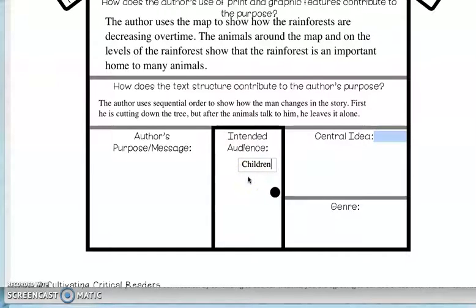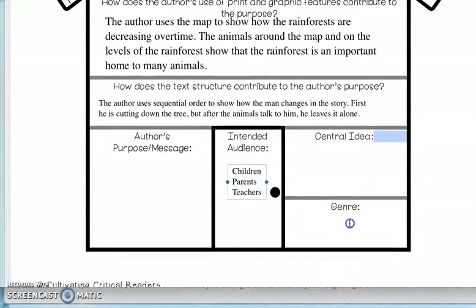Okay, think about that for a second, maybe pause. So maybe you included something like children, parents, and teachers are the intended audience, which would all be really good intended audiences for this story because it is a children's book.